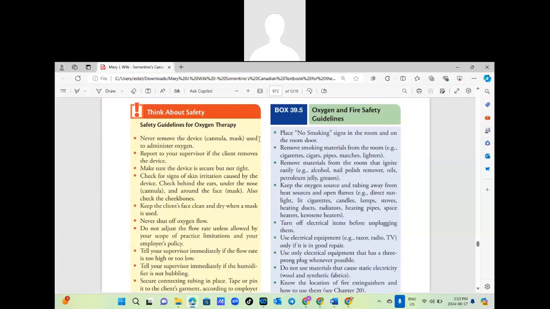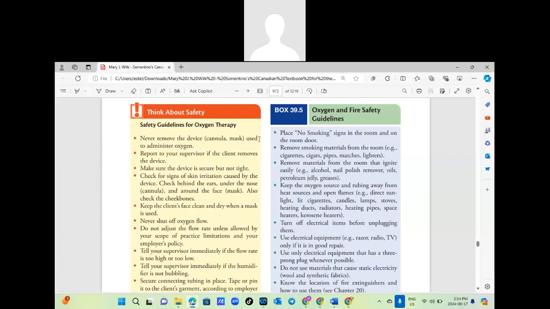All right, so safety guidelines for oxygen therapy. Never remove the device, either cannula or mask, used to administer oxygen. Okay, because again, that's where the oxygen is flowing from the source to the nose, into the airways. Report to your supervisor if the client removes the device.